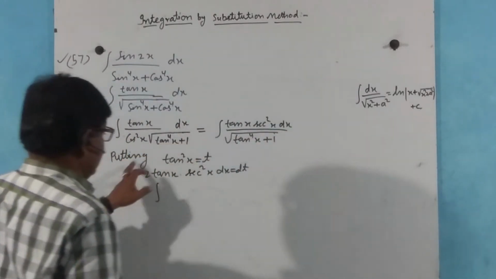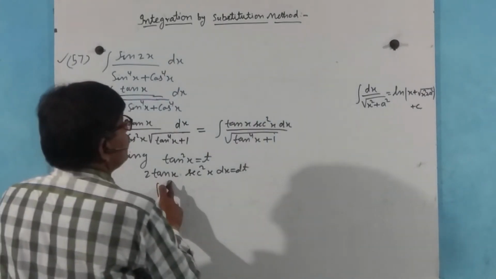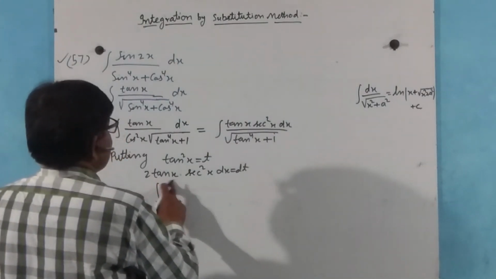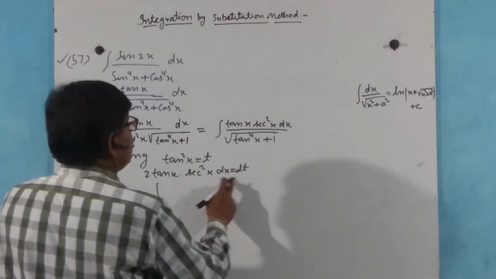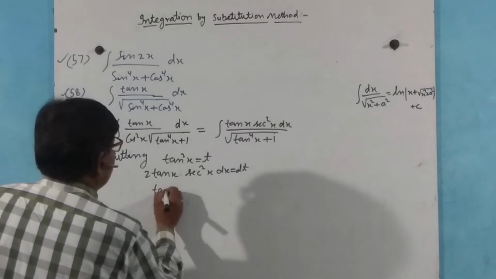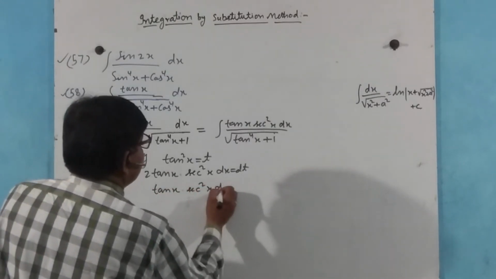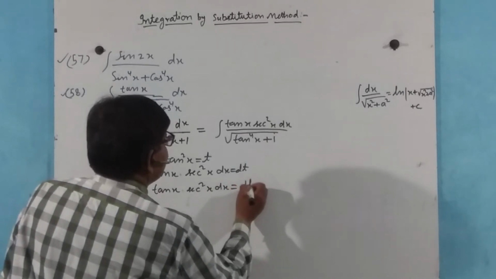Putting this, 2 tan x sec square x dx equals dt, so tan x sec square x dx equals dt by 2.